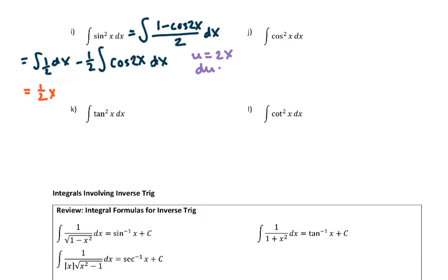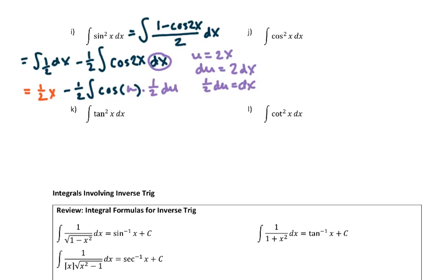And so du would equal 2 dx. And so we're going to get 1/2 du equals dx, which is all we have right there. And so I'm going to end up with 1/2 x minus 1/2 times cosine of u, and then times 1/2 du.